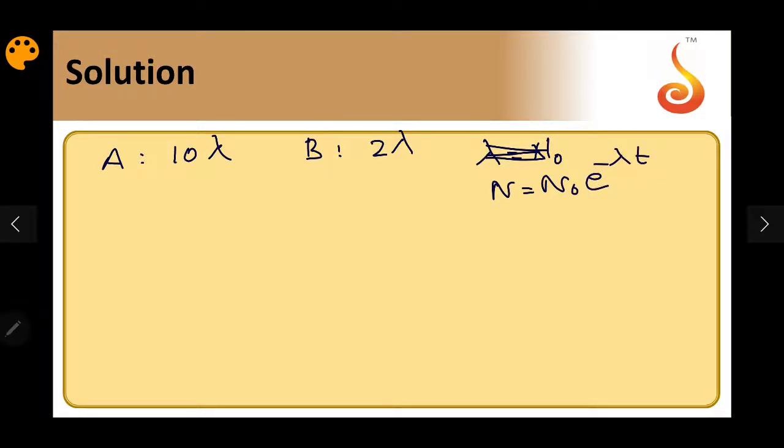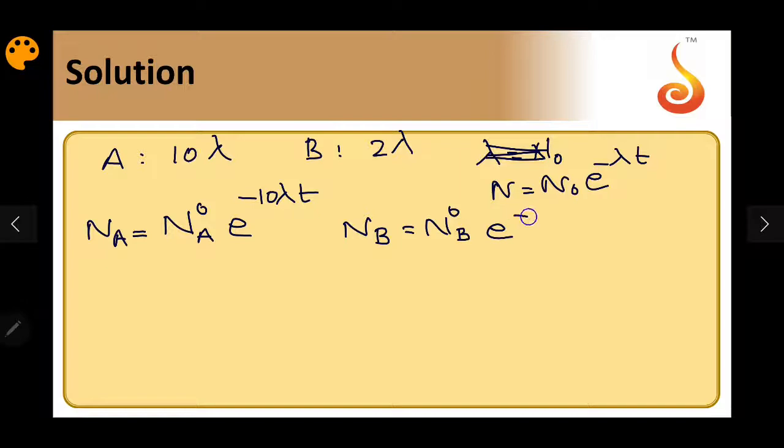Substitute that for A and B. So NA is equal to N naught A e to the power minus 10 lambda t. Same way, NB is equal to N naught B e to the power minus 2 lambda t.